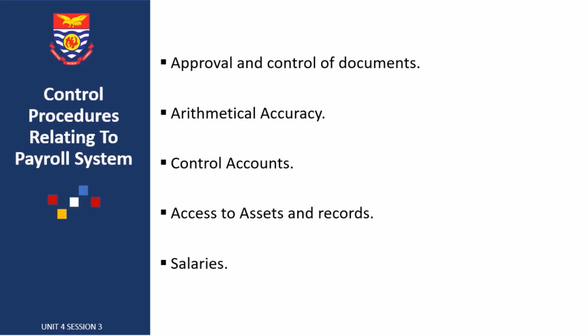Employees should sign for their wages, and no employee should be allowed to take the wages of another employee. And when wages are claimed late, the employee should sign for the wages. So these are some of the access to assets and records controls.